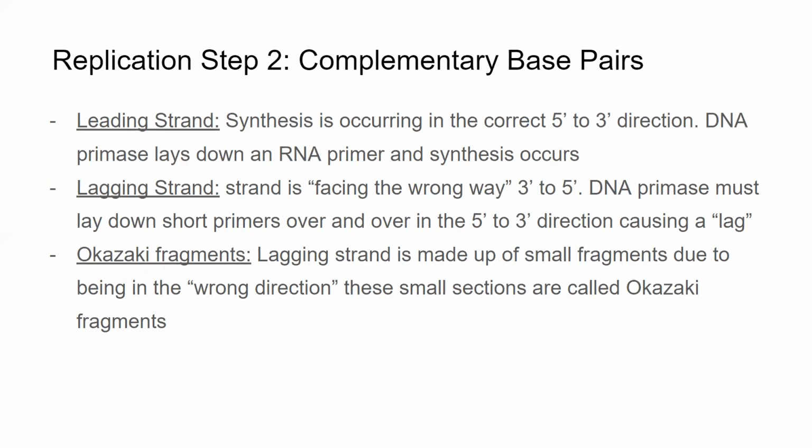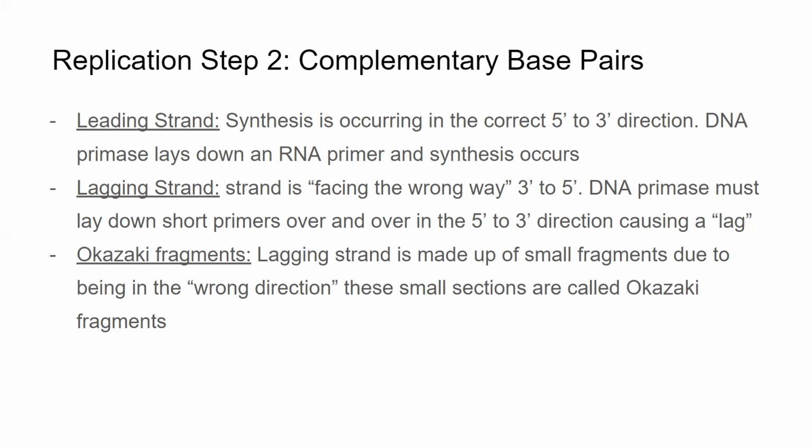Let's talk a little more about the DNA molecule. DNA is always read in the 5' to 3' direction. Remember, there's a phosphate at 5' and a sugar at 3'.